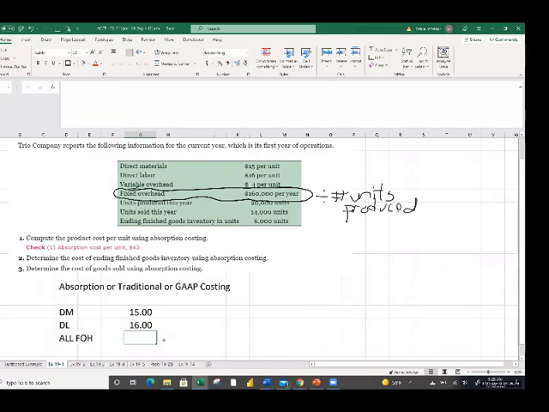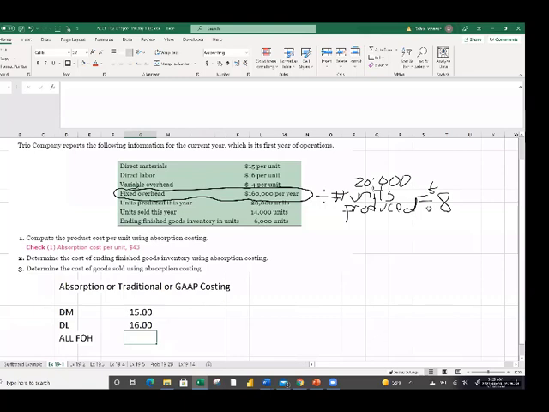So in this case, their fixed overhead was 160,000, and that benefited 20,000 units. So you might be able to do that in your head. That'll give you $8. Okay, how did I get that? 160,000 divided by the 20,000 units produced.